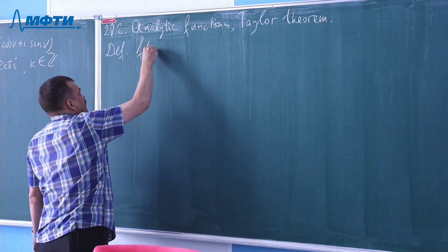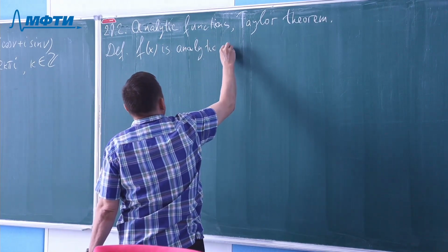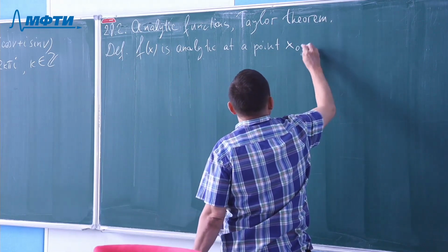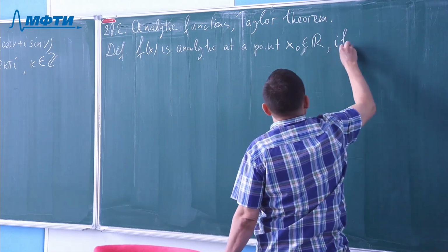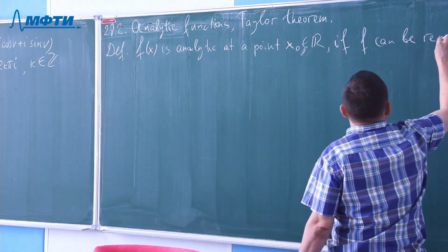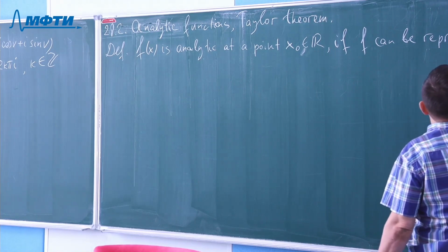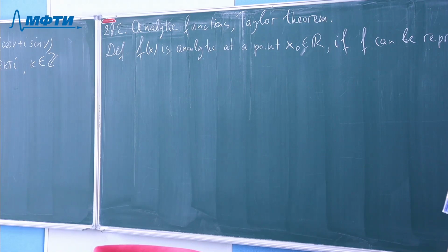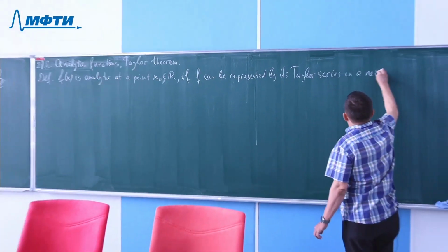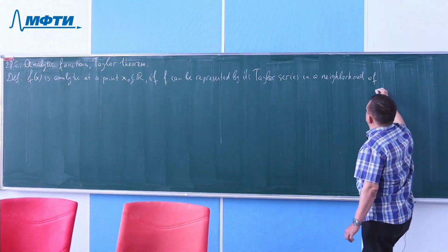Definition. f of x is analytic at a real point x naught if f can be represented by its Taylor series in a neighborhood of x naught.